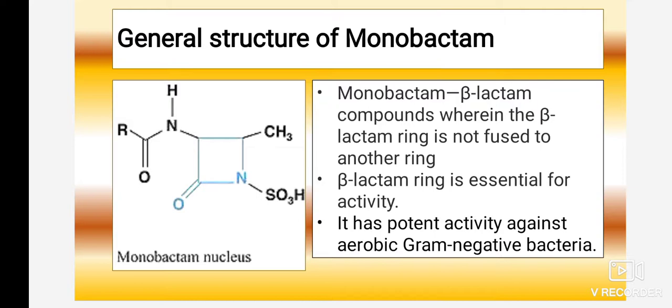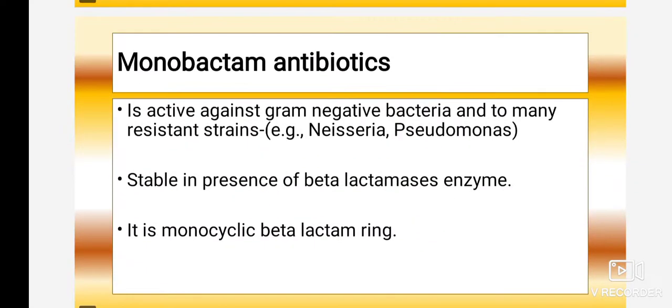In a multiple choice question they may ask whether they are active against gram positive or gram negative, aerobic or anaerobic, so keep in mind that they are active against aerobic gram negative bacteria. They are active against gram negative bacteria and other resistant strains, for example Neisseria and Pseudomonas, and they are stable in the presence of beta lactamase enzyme.